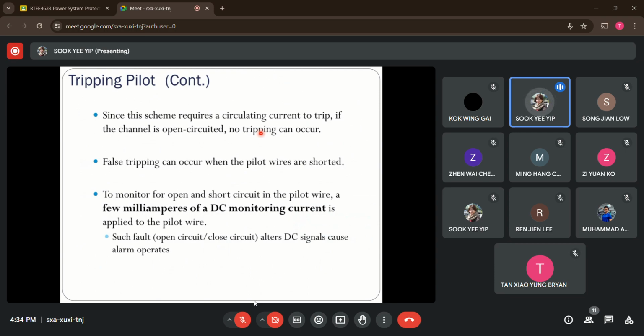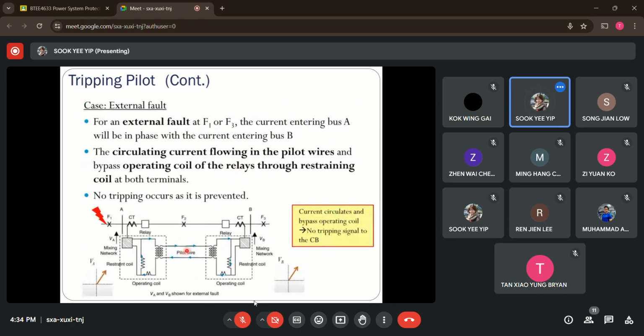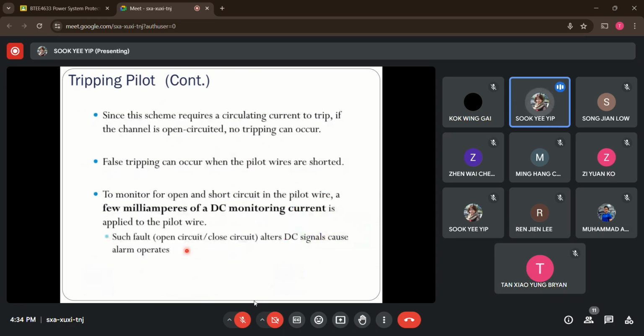On the other hand, if the pilot wire here is short circuit, that means we have false tripping, even though there is no fault. So any problem on the communication channel, like open circuit or short circuit, will cause it to operate wrongly.